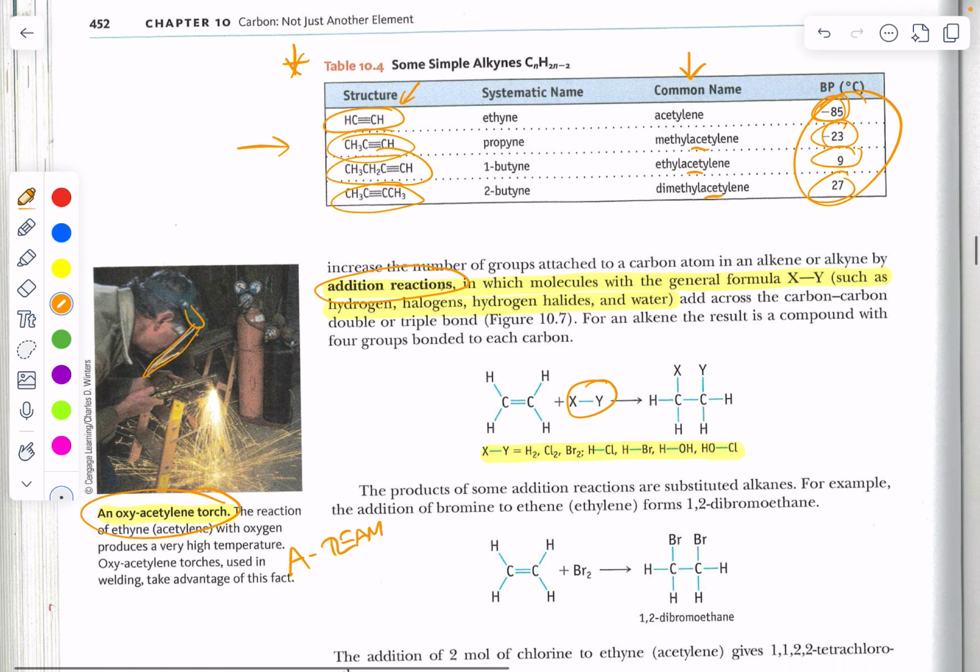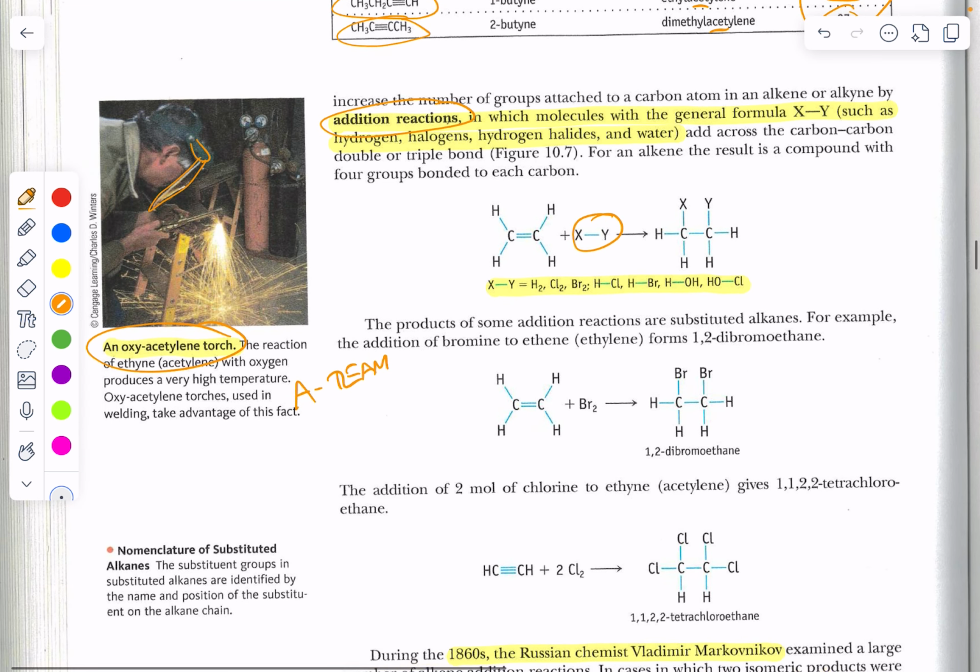In any case, back to these addition reactions. You're adding a small molecule. So this would be generic right here, an example. And again, we're talking about addition reactions when you have double and triple bonds. And what's going to happen is that at the right temperature and with a catalyst, you are not going to get an X replacing a hydrogen and a Y replacing a hydrogen on the same carbon.